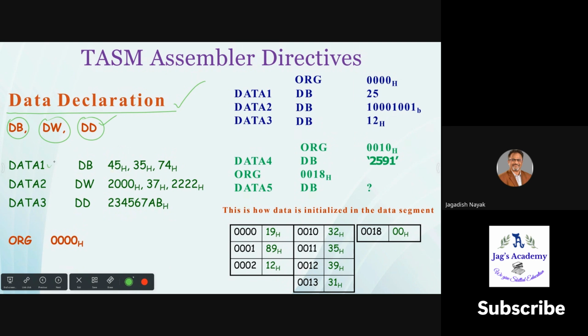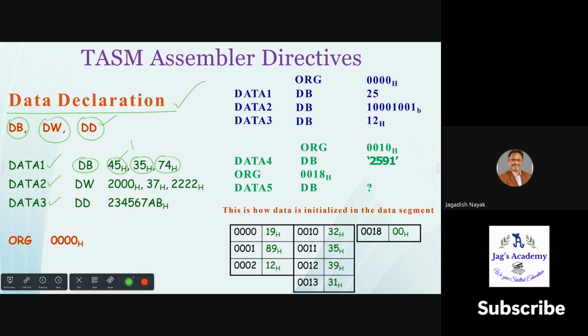Right? Every data declaration is in the .data part. Suppose here I'm going to declare 3 data: data 1, data 2, and data 3. So I'm going to declare data 1 as DB. Now you see here, say I'm going to initialize the data 45H, 35H, and 74H. This is going to store the data 45H, 35H, 74H.